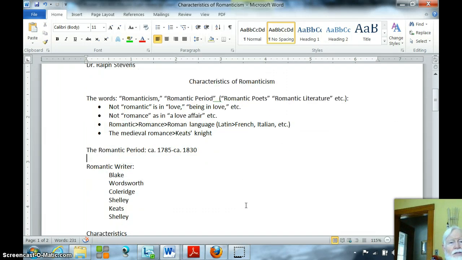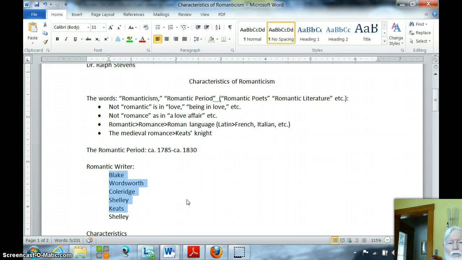Who are the Romantic writers? Well, you know some of them already because we've been reading them. We're studying them in the first unit of British literature two. So we've got Blake, Wordsworth, Coleridge, Shelley, Keats. There are others, but these are the ones that we study.